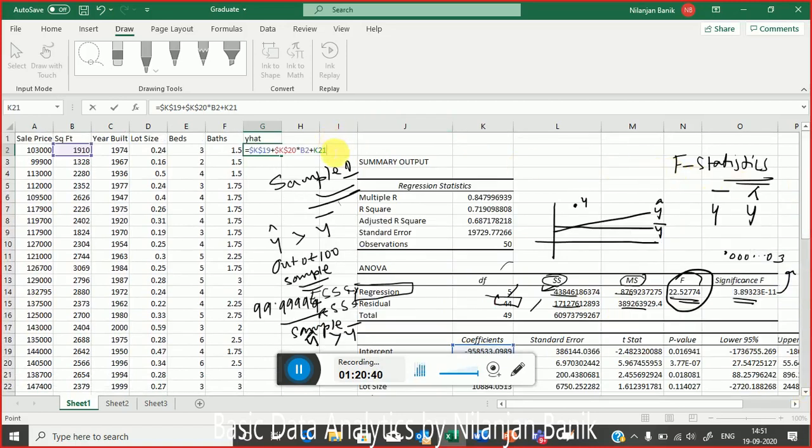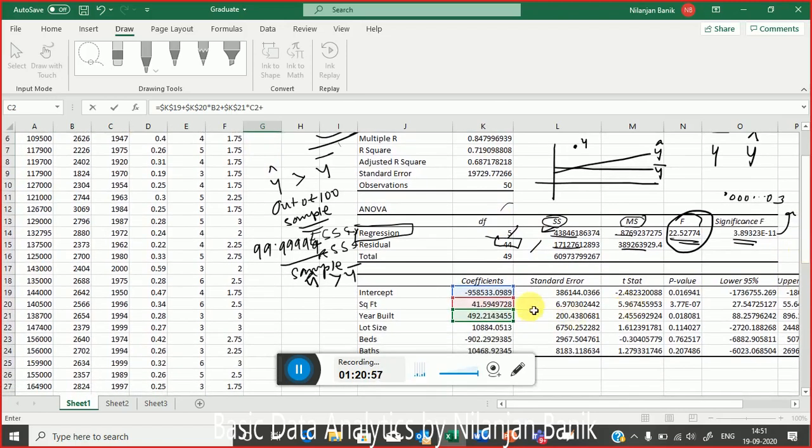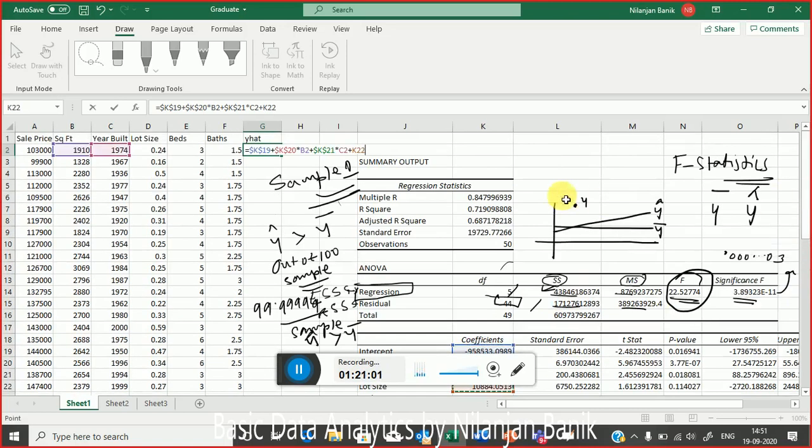I have to keep beta 2 also constant. Times year build, plus beta 3. This is again constant.